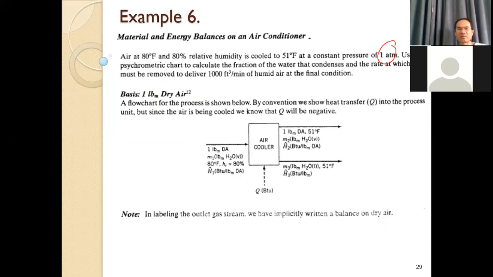And also the rate at which heat must be removed to deliver 1,000 cubic feet per minute of humid air at the final condition. Okay, and then you can draw the diagram of the air cooler.